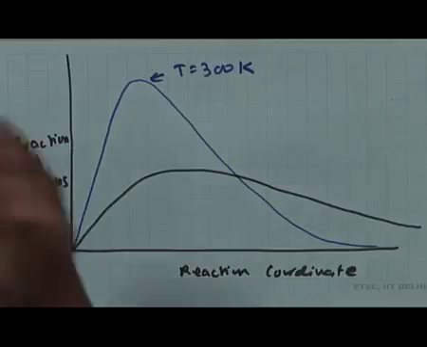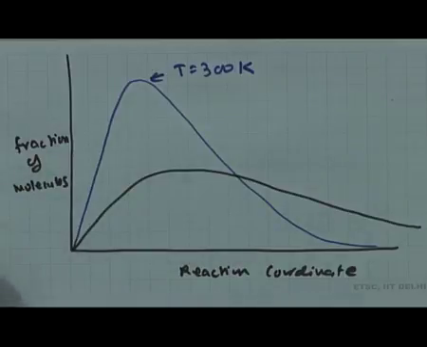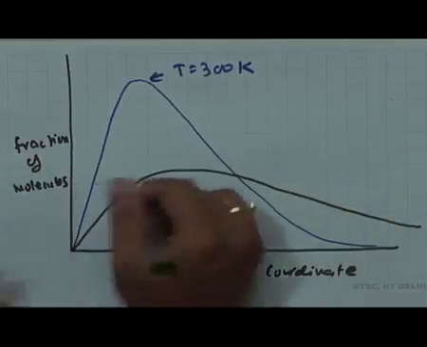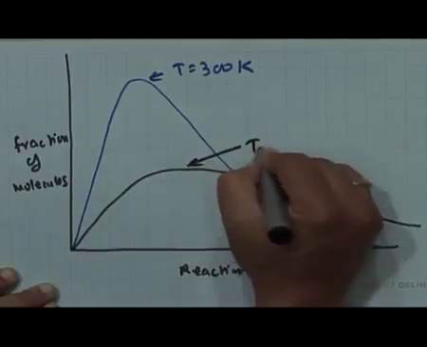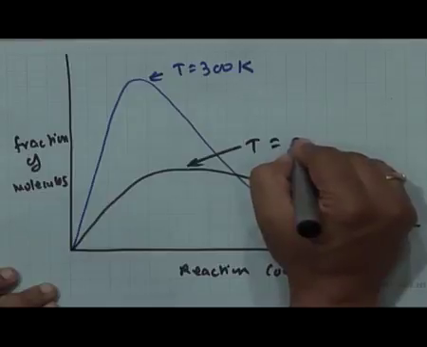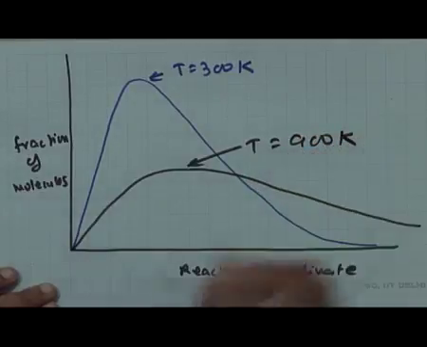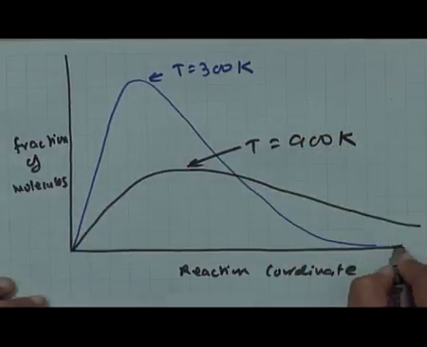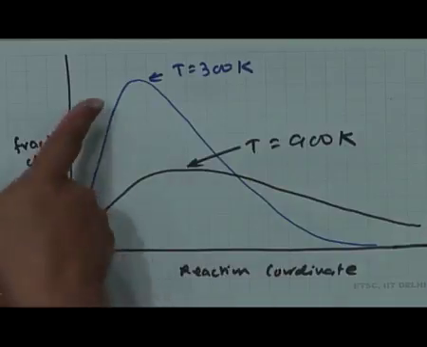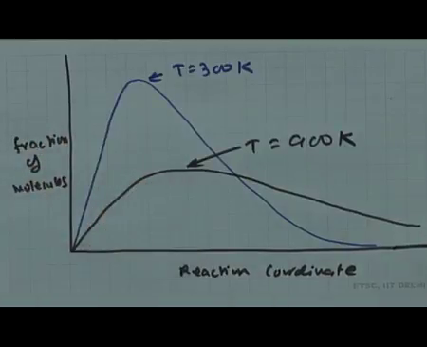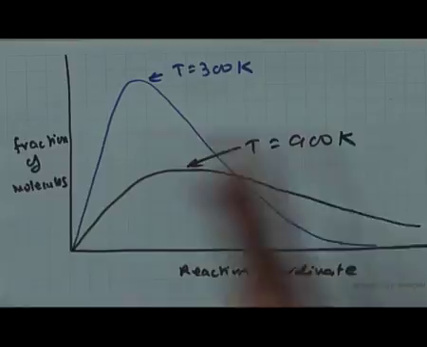So let me take a higher temperature. Let this temperature be equal to say 900 Kelvin. Now, what has happened? Two things. One is that from here to here, when I change the temperature, the distribution has become very broad.